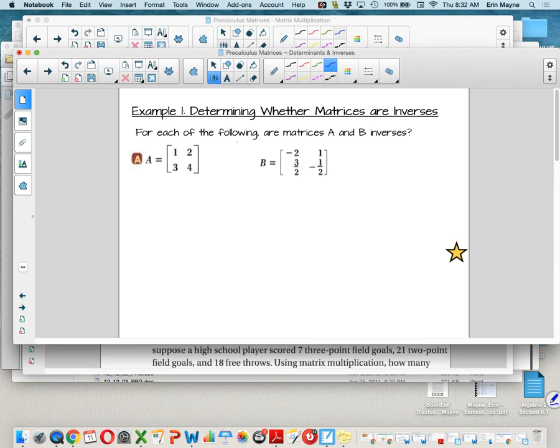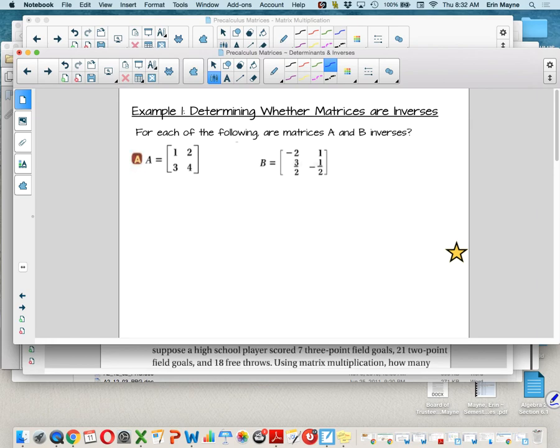Then I would say those are additive inverses. If I said, hey, 6 times what gives me 1? What would you tell me? 1/6. 6 and 1/6 are considered inverses because they give you the identity.